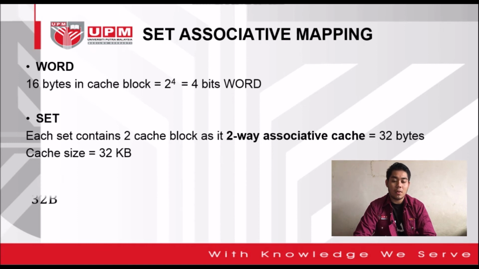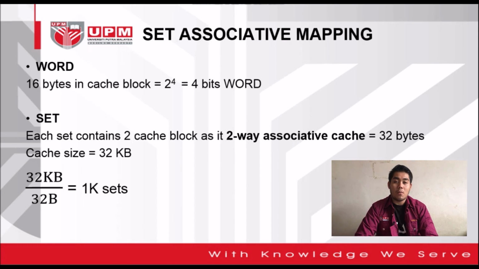So we can know the number of sets by dividing the cache size by the set size. So it is 32 kilobytes divided by 32 bytes. So we get 1000 sets in the cache, which is about 2 to the power of 10.